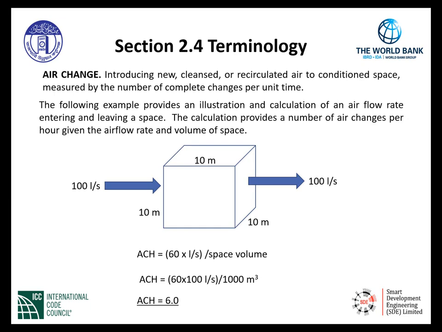So in this example, we simply take 60 times 100 liters per second divided by 1,000 cubic meters. And the total air change per hour is 6 air changes per hour.